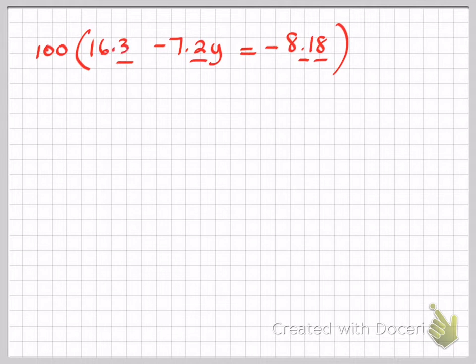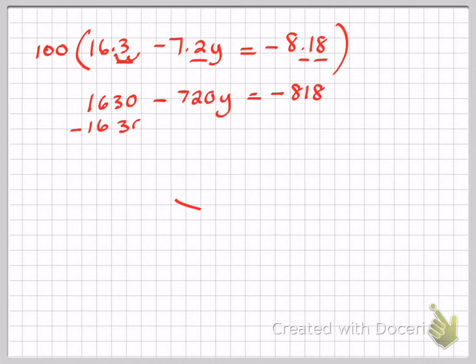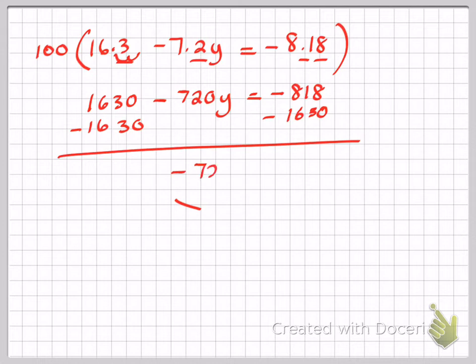I'm doing once, twice, and minus 20y equals. Good. And now I'm subtracting 1630, negative 720y equals 8.